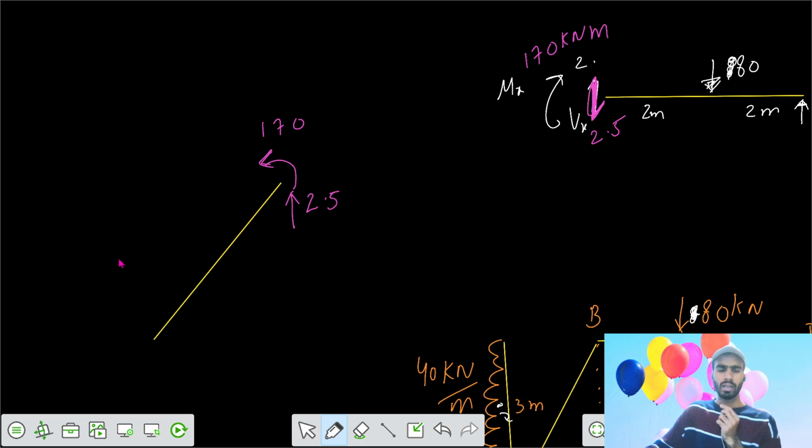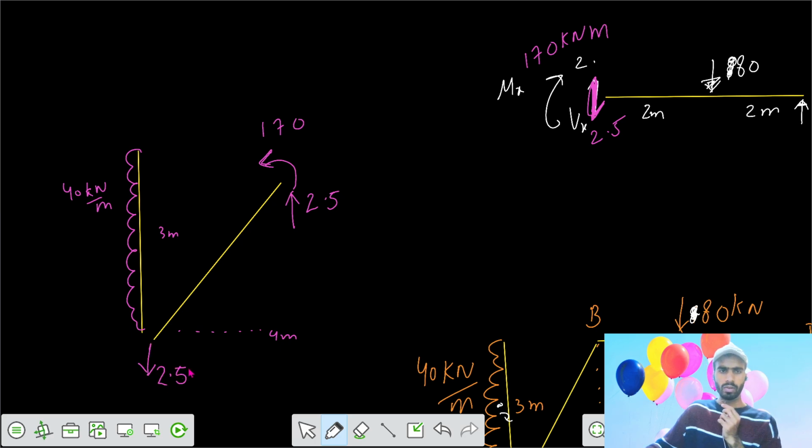And after that we got that horizontal loading, that was equal to 40 kilonewton per meter for a length of 3 meter, and the horizontal was also at 4 meter. And we can say that the vertical force here would be downwards 2.5.